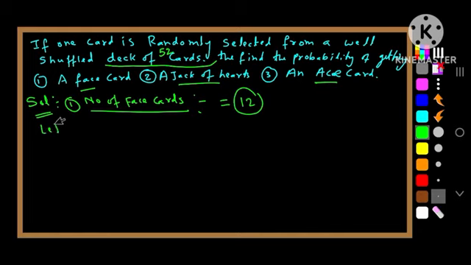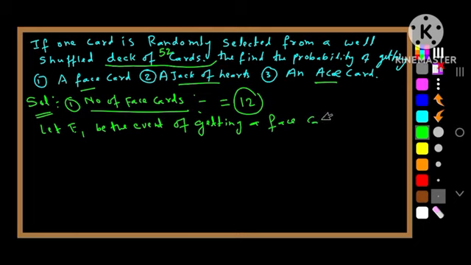So let E1 be the event of getting a face card. So this is the event E1. So the number of favorable outcomes is given by 12. So what is the probability here?